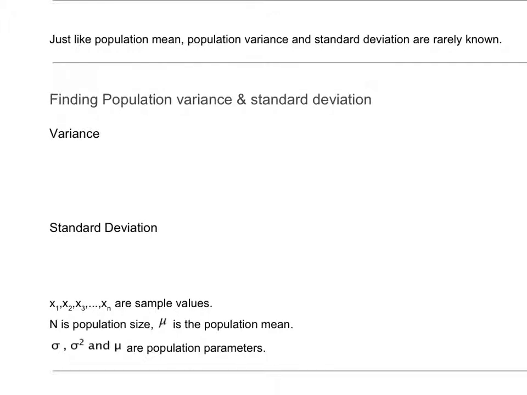So for variance, we use Greek letter sigma squared, and then that's going to be the sum of these, again, squared differences from population values minus, now instead of using x bar, we're going to use population mean mu. And then we divide that by the number in the population. And we are not subtracting 1 from this.